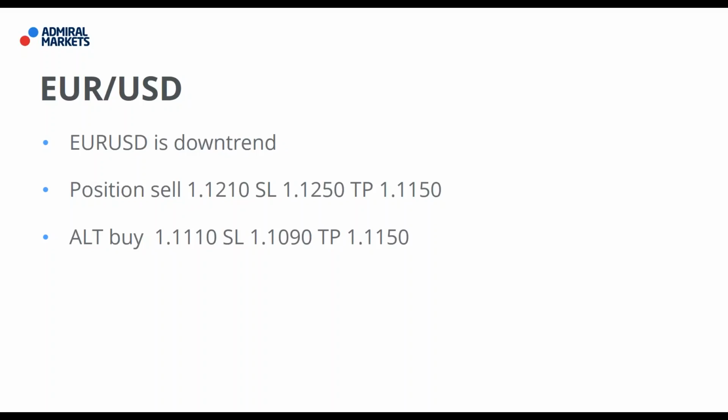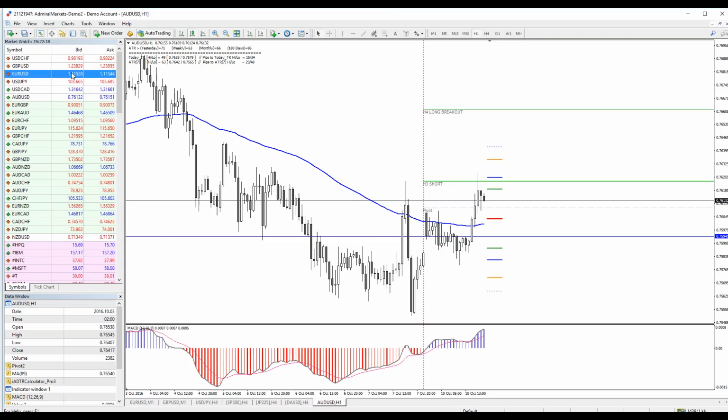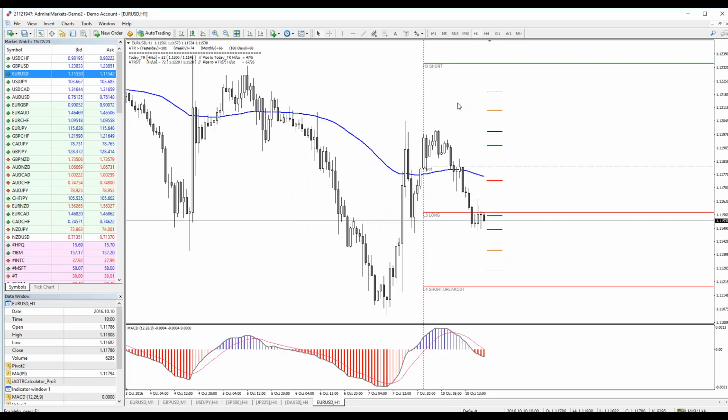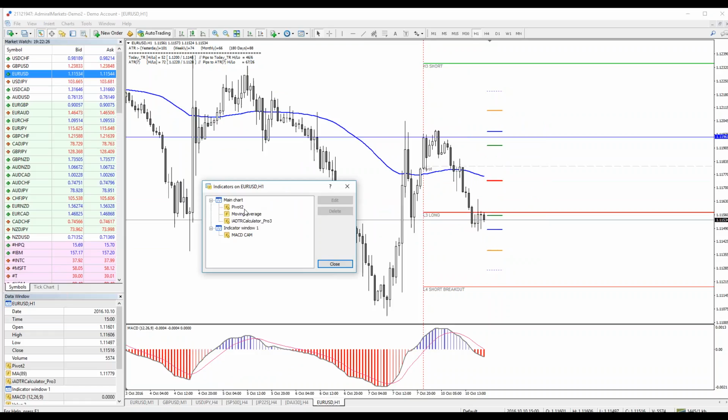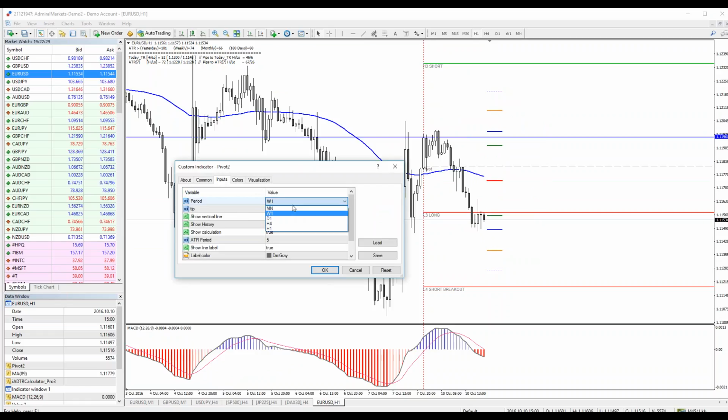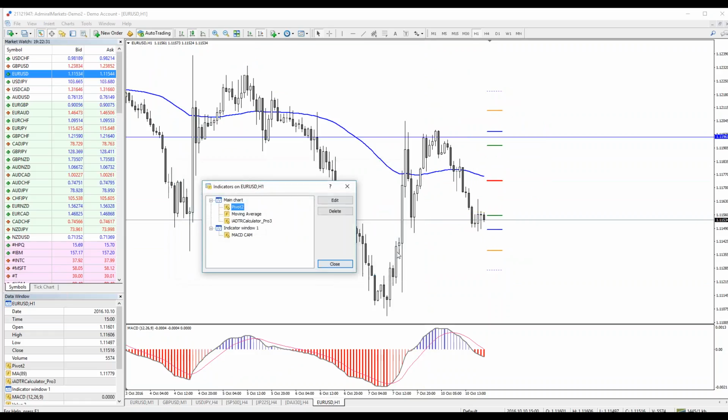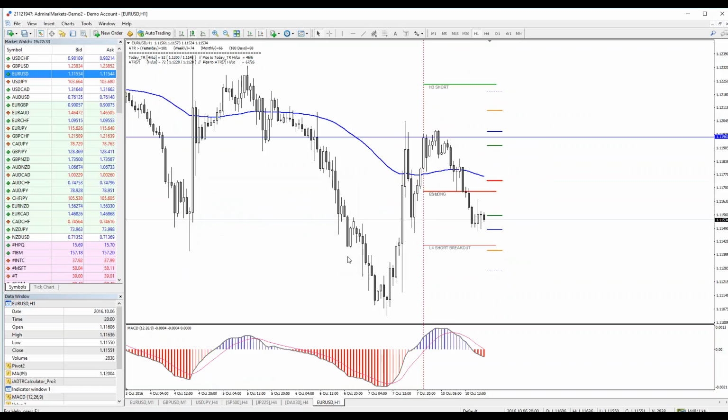So why sell euro dollar around 12.10? Simply because, guys, 12.10 is giving us a lot of shorting opportunities. If we go to our daily Camarilla pivots, you can see that it's in between H3 and L4.